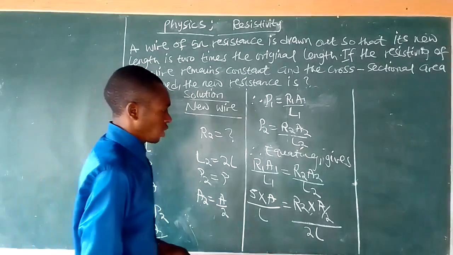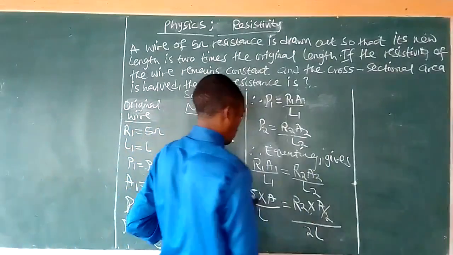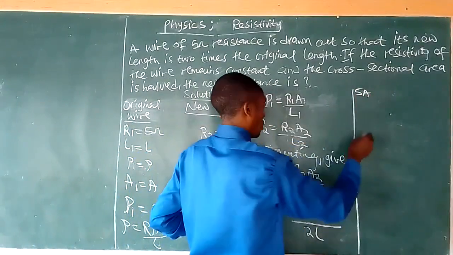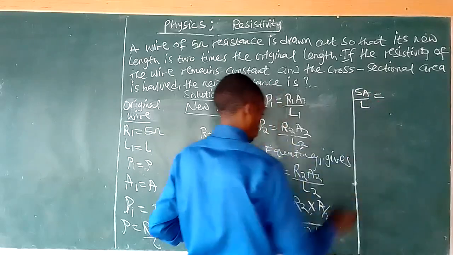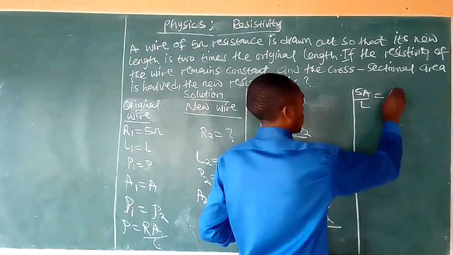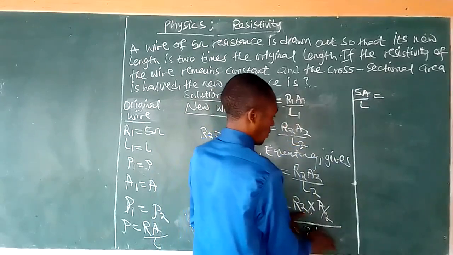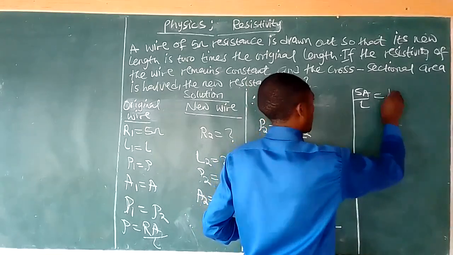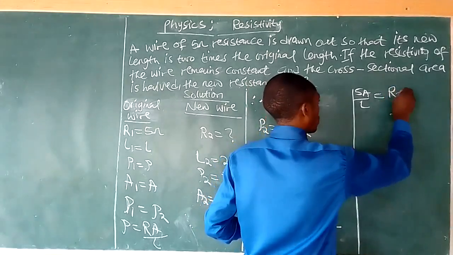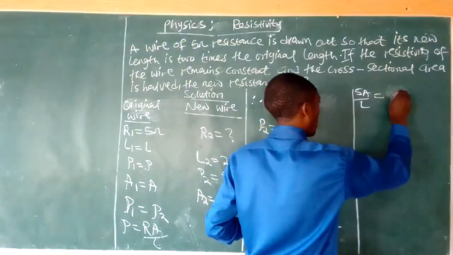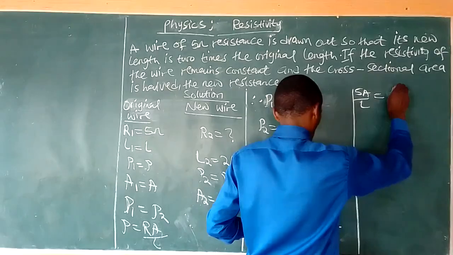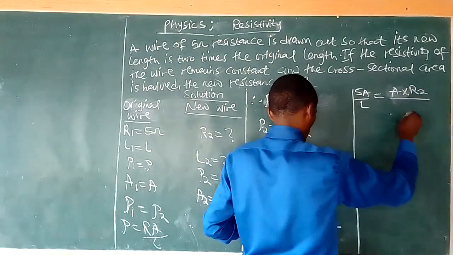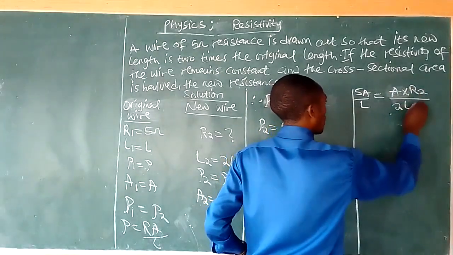Now, properly, we have 5 times A is 5A over L, which equals A times R2 over 2L times 2.